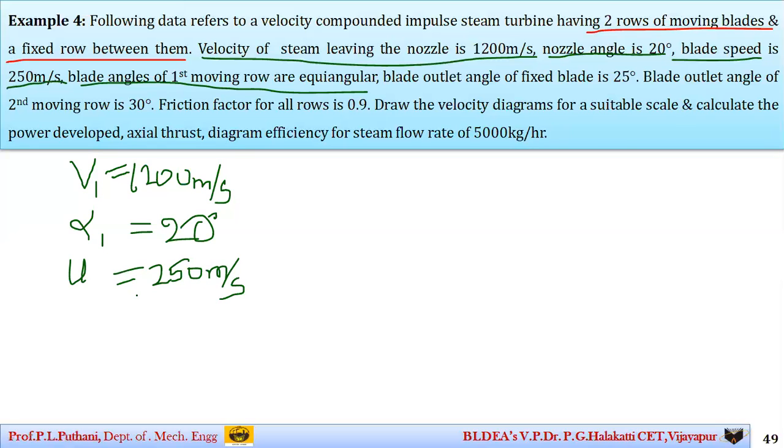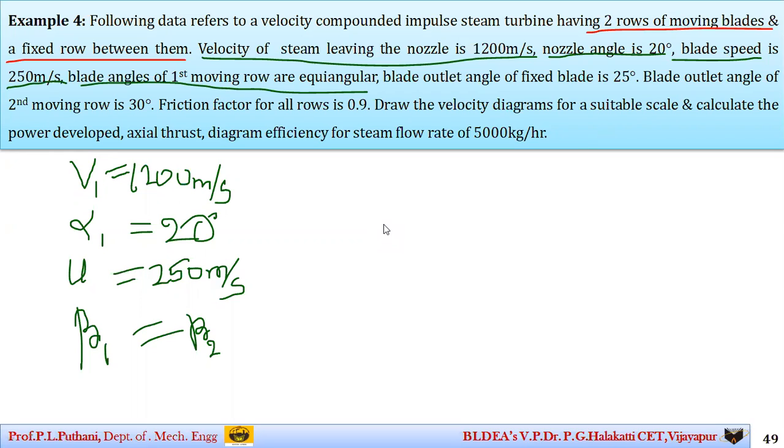The blade angles of the first moving row are equiangular, which means beta 1 is equal to beta 2. The conditions I have highlighted in green are with respect to the first stage.